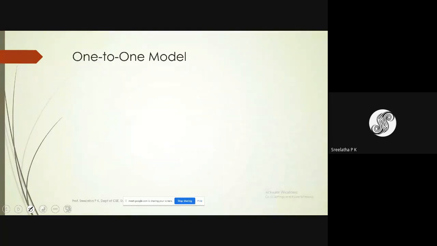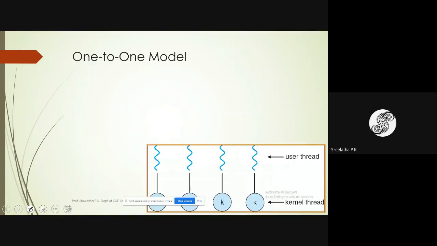Okay, next is the one-to-one model. In the one-to-one model, as you can assume, there is one user thread connected with one kernel thread. Many user threads are connected with as many kernel threads. There is a user thread and its kernel thread.